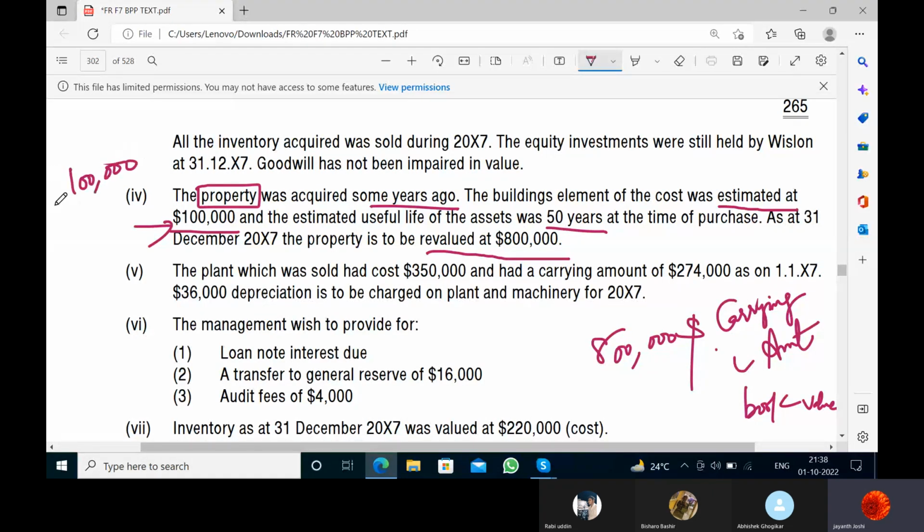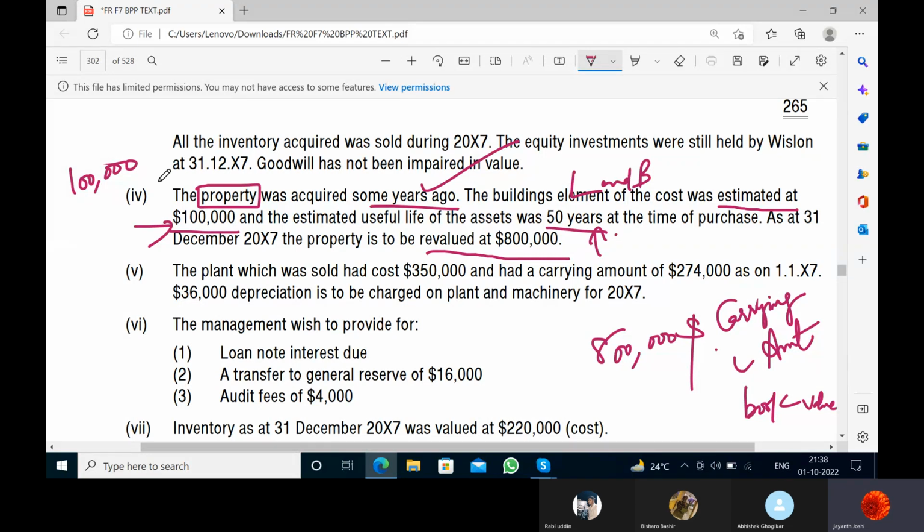Now this is a part of that land and buildings. This property which you are seeing here, which was acquired some years ago, is a part of land and buildings. But the depreciation it has undergone is different from what they are giving.